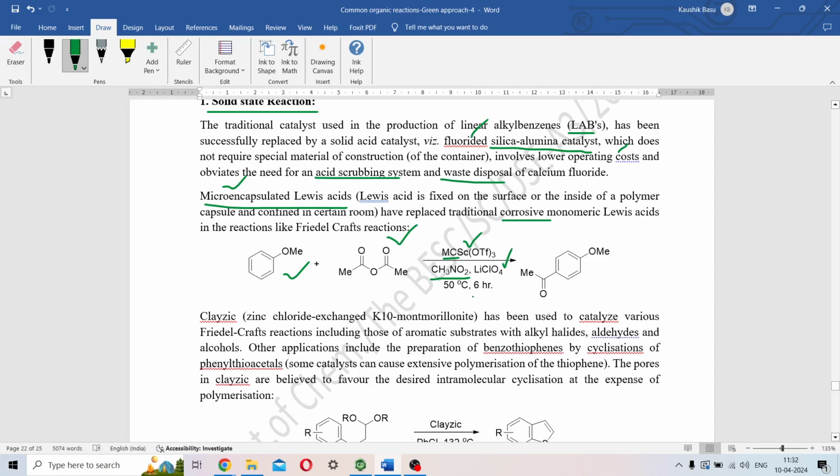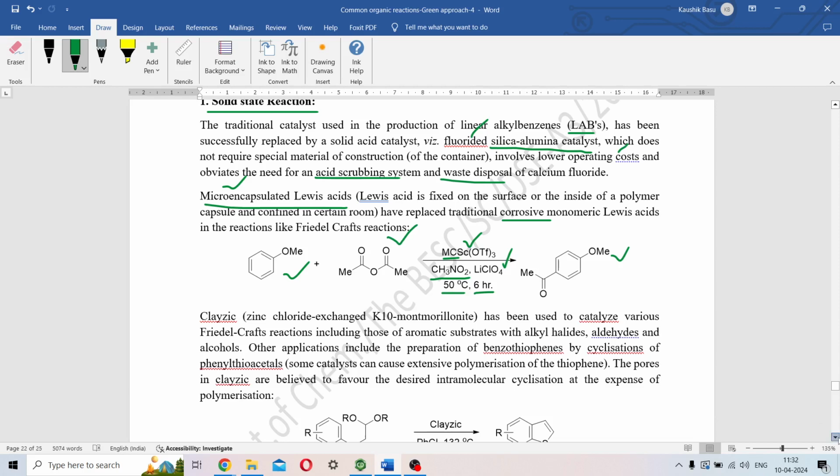The reaction takes about 6 hours, so that's not very ideal, but it can be done at 50 degrees centigrade. So that's just around above the room temperature compared to the summer temperatures that we have here. And methoxy is an ortho-para directing group, so we get this compound in good yields.